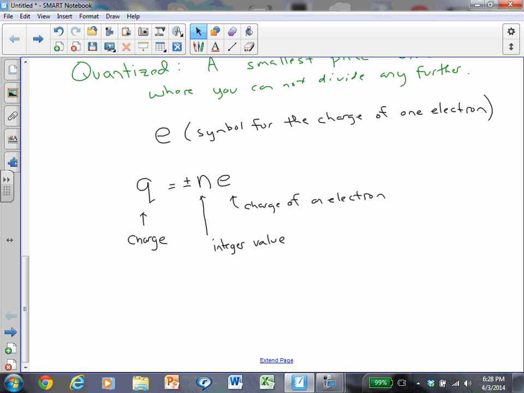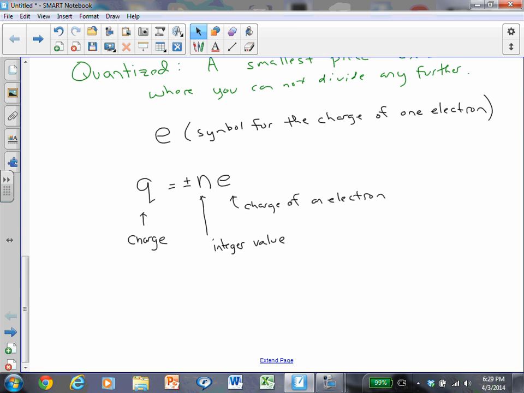Okay? They would not have a charge of a billion times quadrillion 0.3 times 10 to the minus 19. It has to be an integer value, this n, that you're multiplying. There's the smallest piece. You can put a bunch of smallest pieces together to come up with larger charge. But you can't break those smallest pieces up.